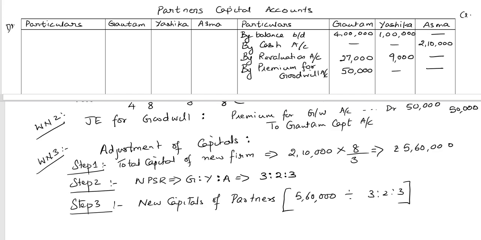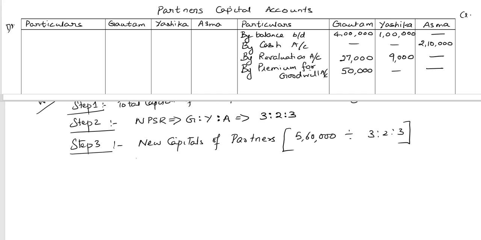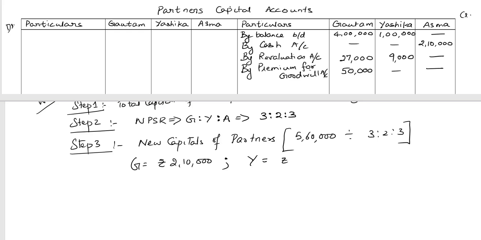So we get, in the case of Gautam, 2,10,000 rupees. New capital for Yashika, 1,40,000 rupees. And new capital for Asma is 2,10,000 rupees.